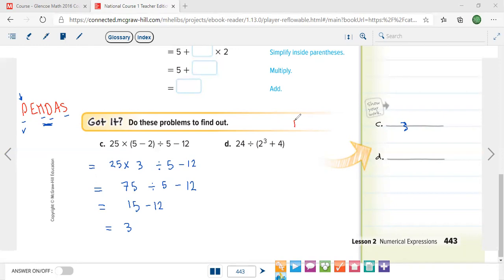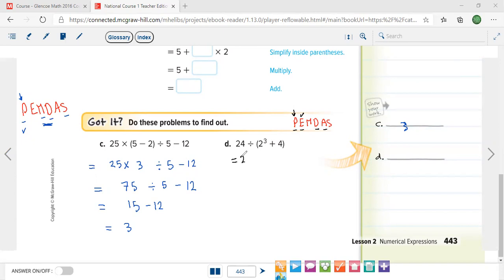Now, let's do this problem. We have PEMDAS rule. What do we have in this problem? We have division. We have parentheses. We have power, exponent. And we have addition. So, we must do parentheses first. But inside parentheses, there is a power. So let's do the power.